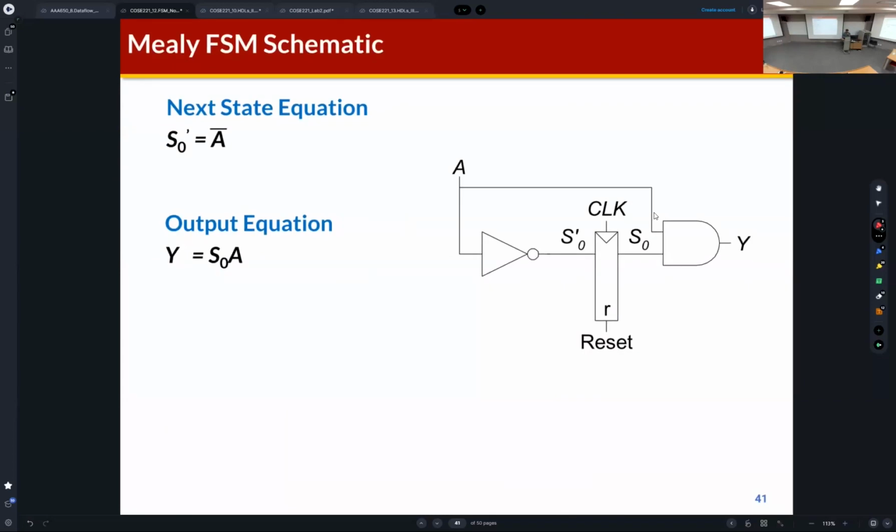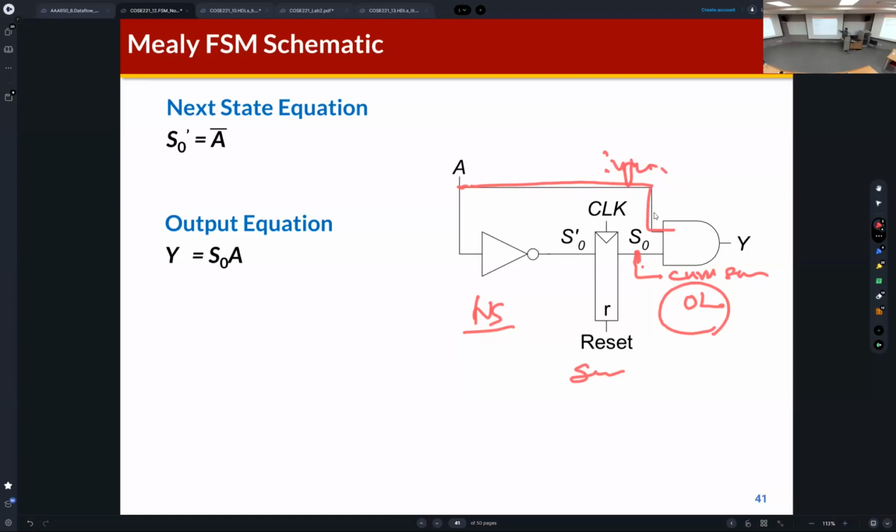In this machine, we have only one output and two states. This is the state register, and then you can find the next state logic and the output logic. But in the Mealy machine, you can find that the input of the output logic is connected to the current state and the input.